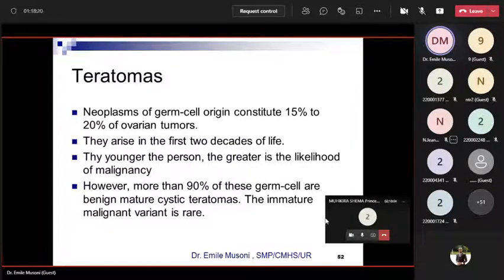So when you see a teratoma, is it mature or immature? Immature has a poor prognosis. But they say the immature malignant variant is rare. They arise in the first 2 decades of life, in young females.